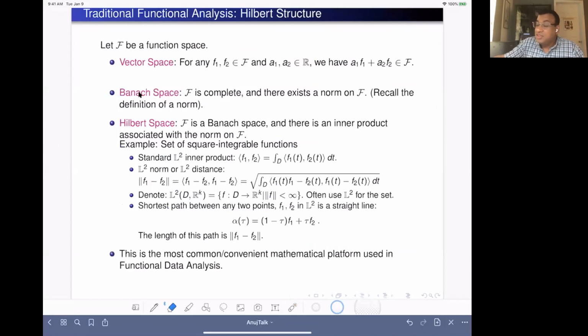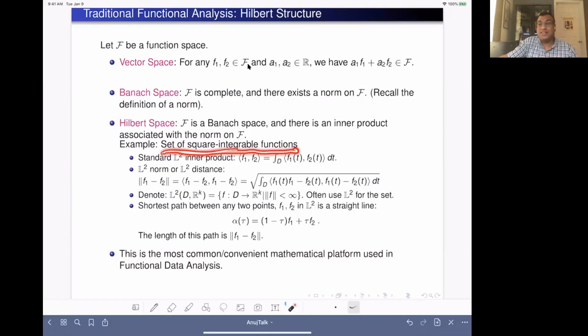I want to mention that because I'm not assuming that students or others present in this audience have a background in functional data analysis. So functional data analysis is done in a certain space, and the most commonly used structure, metric or representation for doing functional data analysis is called the Hilbert space of square integrable functions.